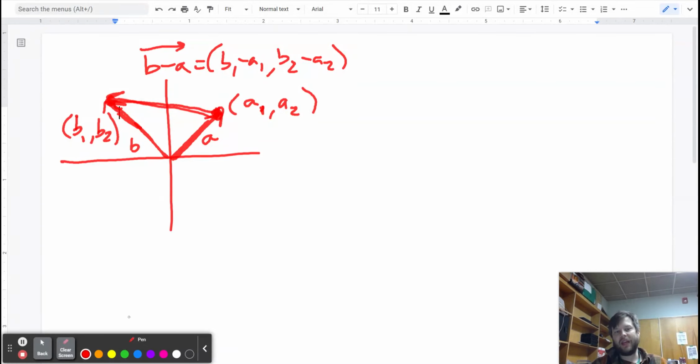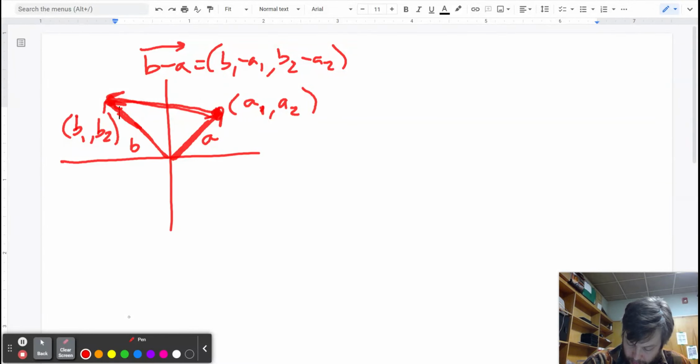When you subtract B minus A, you can imagine that resulting vector as going from A to B, because you're just seeing how far apart the x values are and how far apart the y values are. You have to remember that vectors can be translated all around the plane to wherever you want them, so I just translated it to stick it on there.